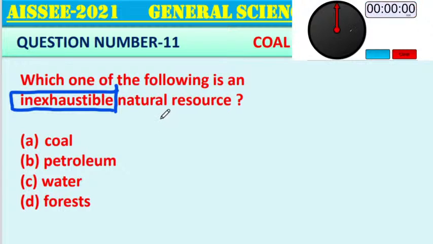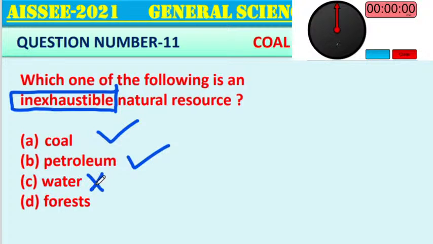One day everything will finish, but when everything finishes we will also finish. So we have to check which will finish before we finish. Coal will finish before we finish, petroleum will also finish before we finish, and water? Water will finish with us.